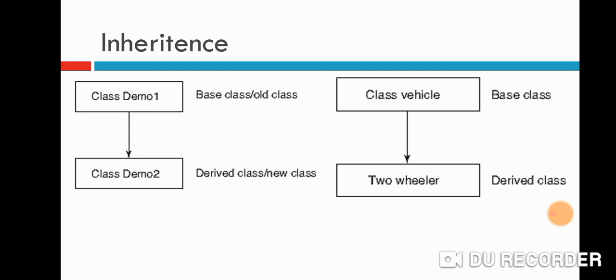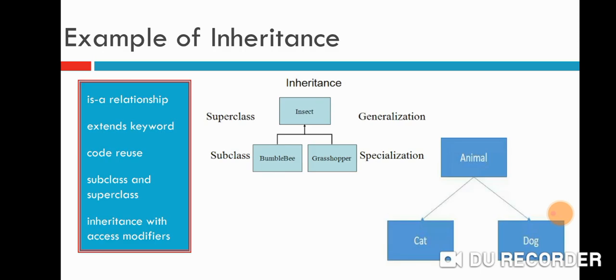Now, examples of inheritance. In this example, you have an animal which is the base class, and the cat and dog are two derived classes from this animal class. Now, the cat and dog have all the characteristics of a basic animal.